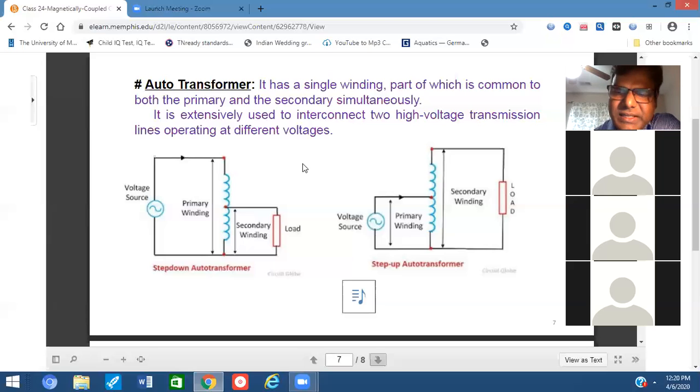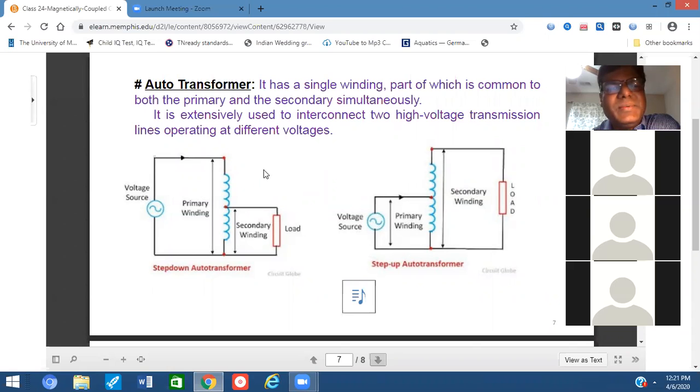Now, once you go to the energy conversion lab, you will see there is an auto transformer there, which is called VARIAC, variable alternating current. During the experiment, you need to adjust the coil exactly this way.